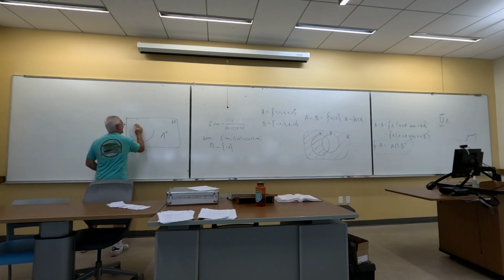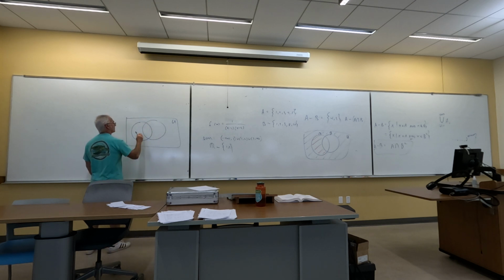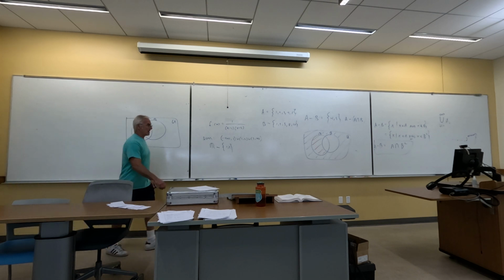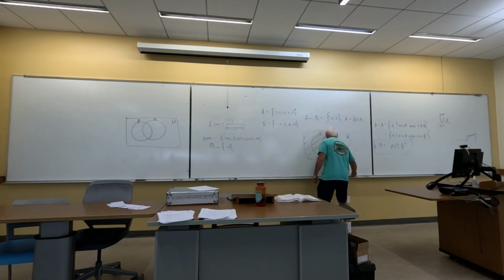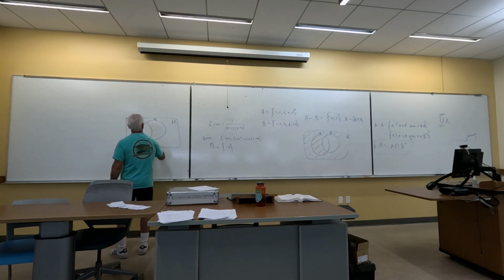Now, from a pictorial standpoint, okay, I've represented A union B in this picture, right? I've shaded everything. I would like then to be able to describe the orange part.